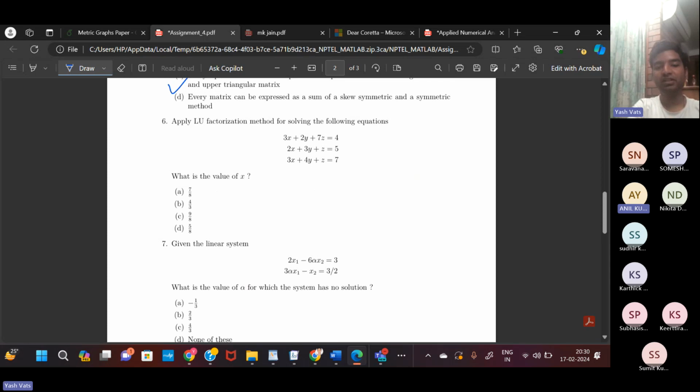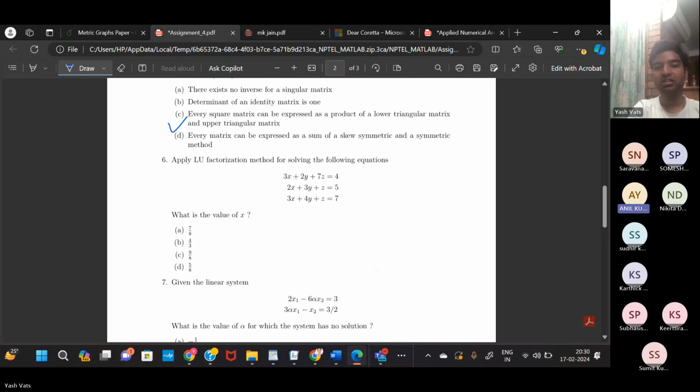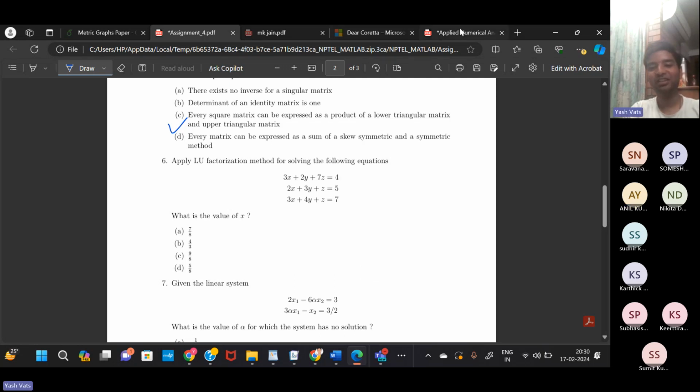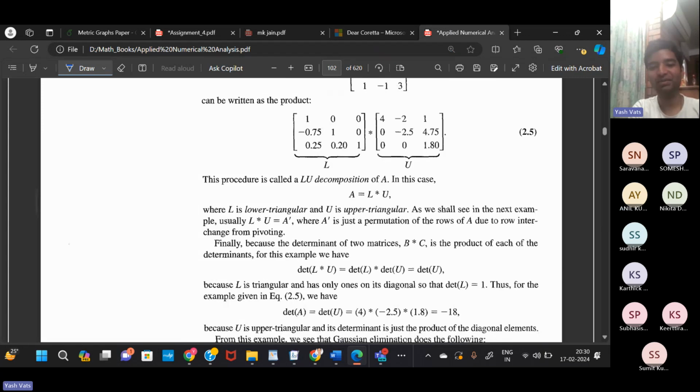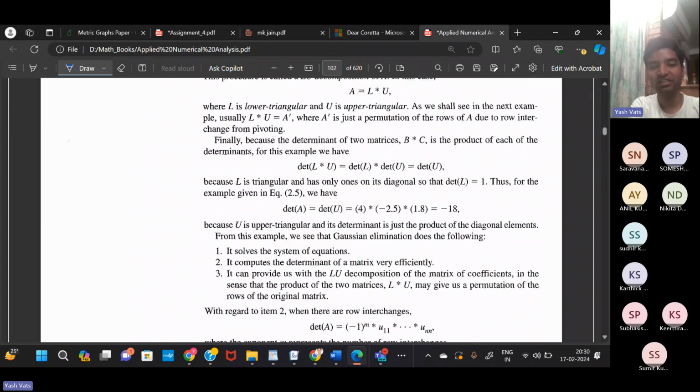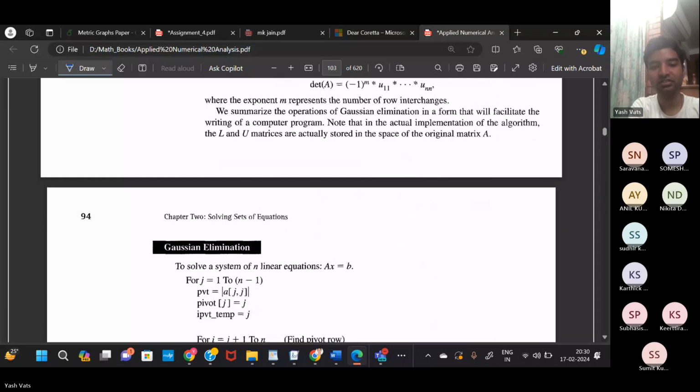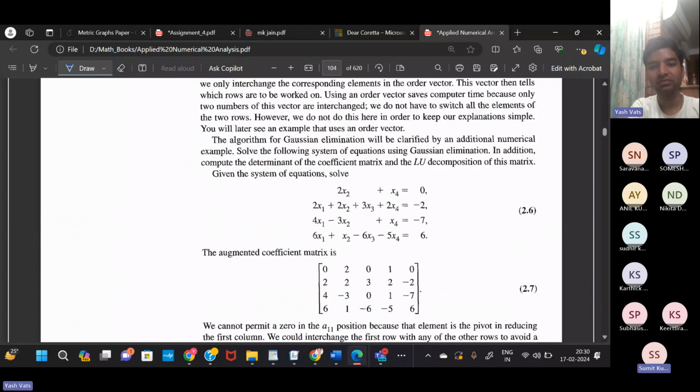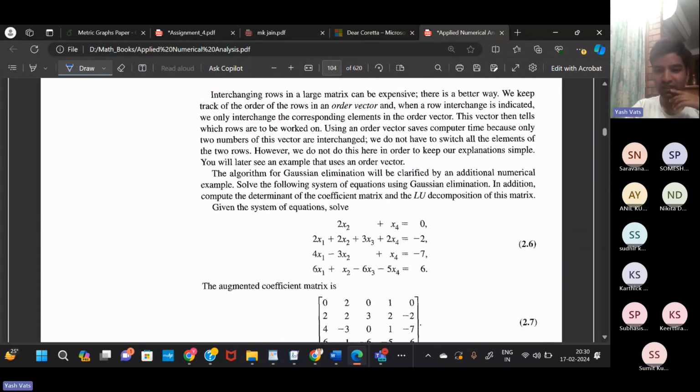Sir, is LU decomposition true for every square matrix? There is no condition whether it is singular or non-singular. Yeah, there should be a condition that I was thinking about. I think the matrix should be non-singular if I am correct.